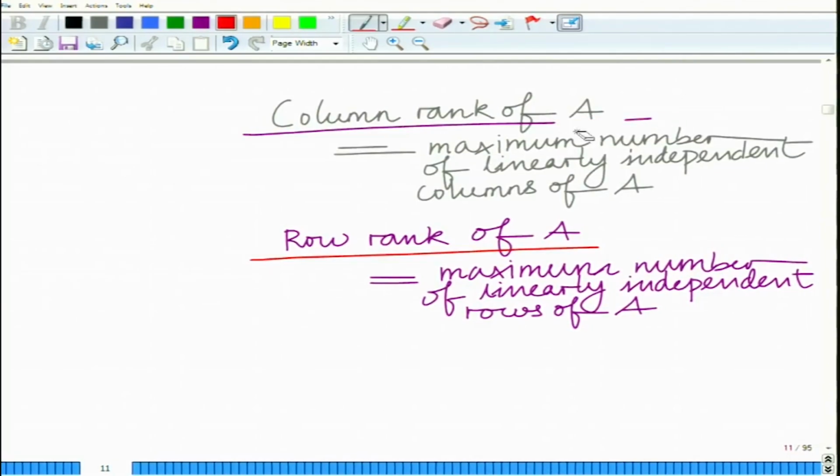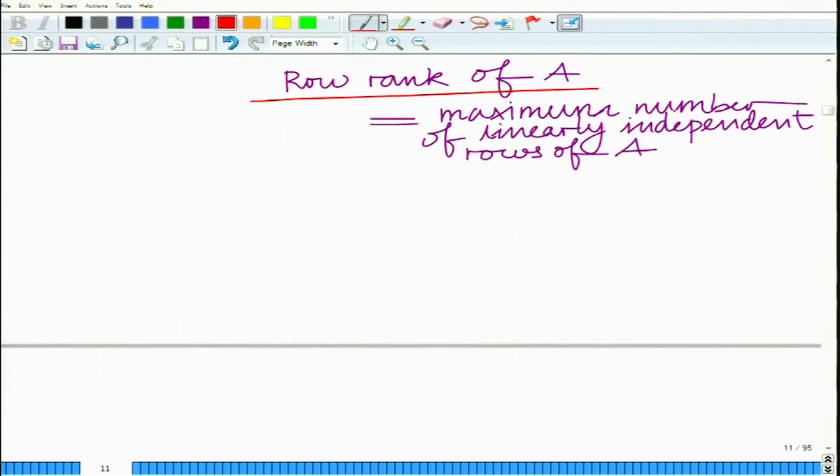So, you have this notion of row rank and the notion of column rank, and one of the fundamental results in linear algebra or matrix theory is that the row rank of any matrix equals the column rank, and this quantity is simply denoted by the rank of A. The row rank equals the column rank, which is simply denoted by the rank of the matrix A. Okay.